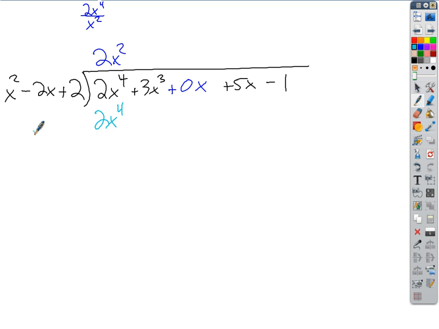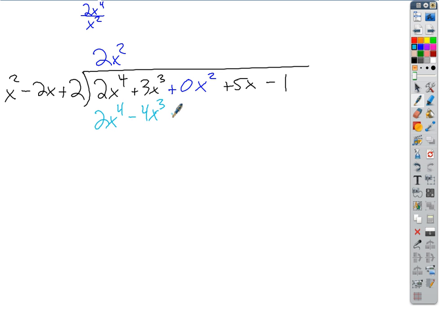Negative 4x cubed. Now we're going to line these up with the right columns as we go. So minus 4x cubed. 2x squared times 2. Well, that should be squared, shouldn't it? Yeah.